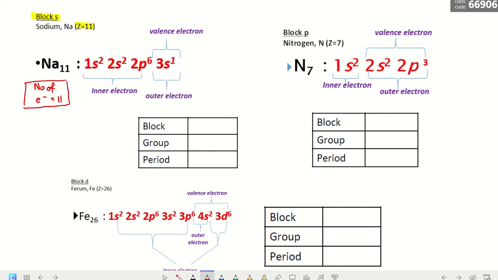Good. Next we need to identify the valence electron. For block S and block P, I said earlier that outer electron equals valence electron. What is meant by outer electron?